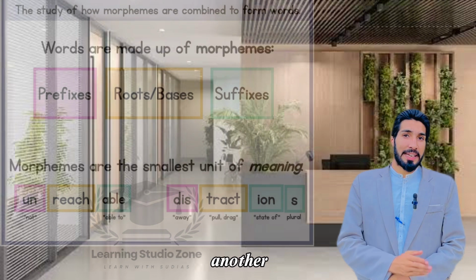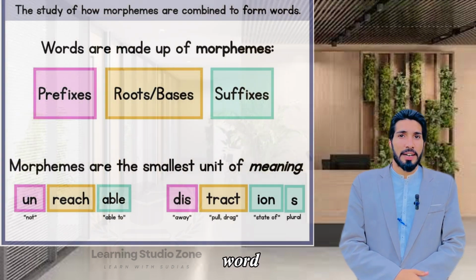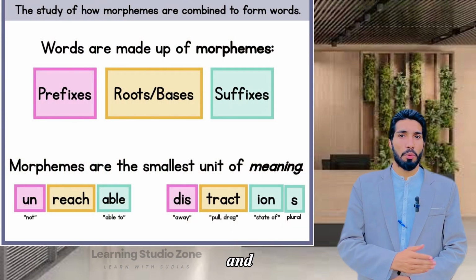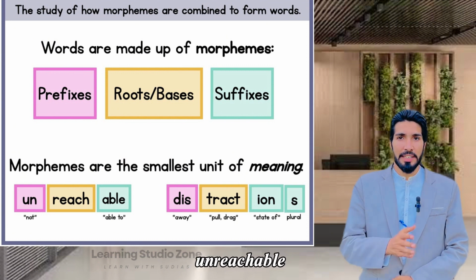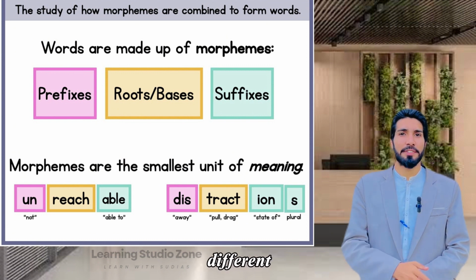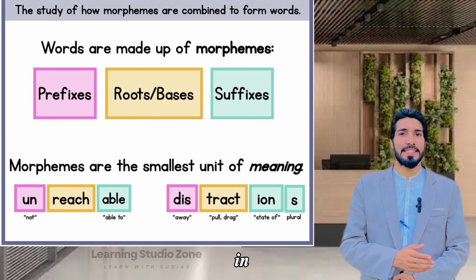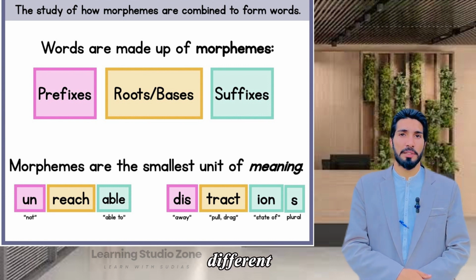Let's look at another example. We have the words unreachable and distractions. In unreachable, we have three different morphemes, but in distractions, we have four different morphemes.